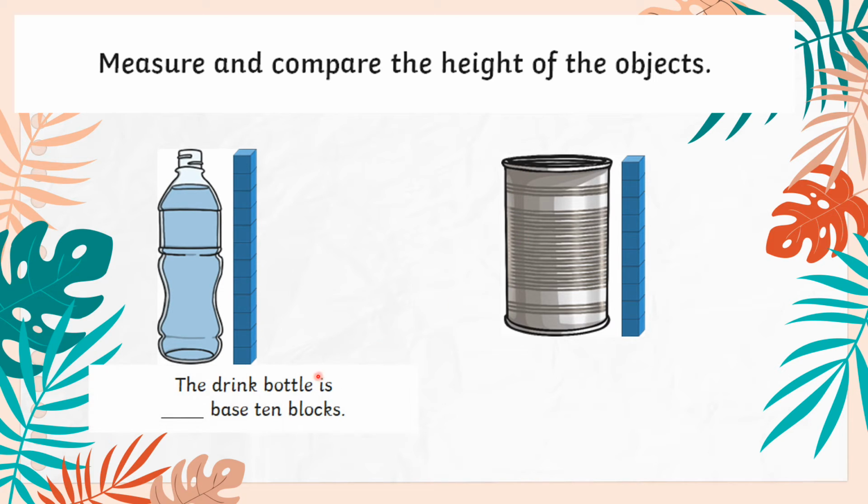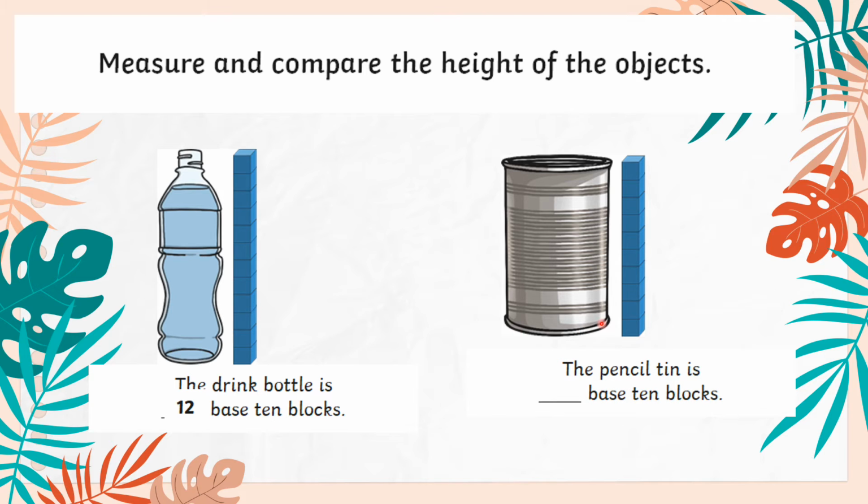So what we have here is base 10 blocks. Let's count them now. 1, 2, 3, 4, 5, 6, 7, 8, 9, 10, 11, 12. So we have 12 base 10 blocks.